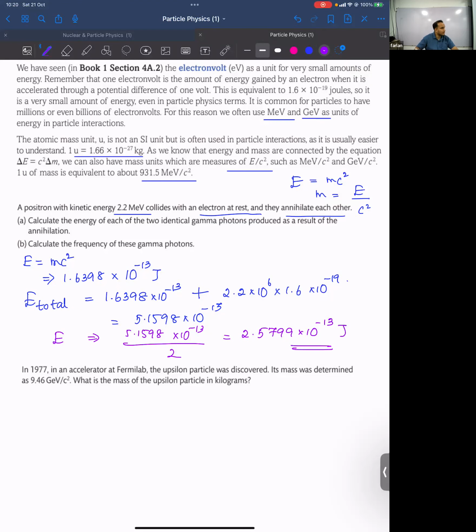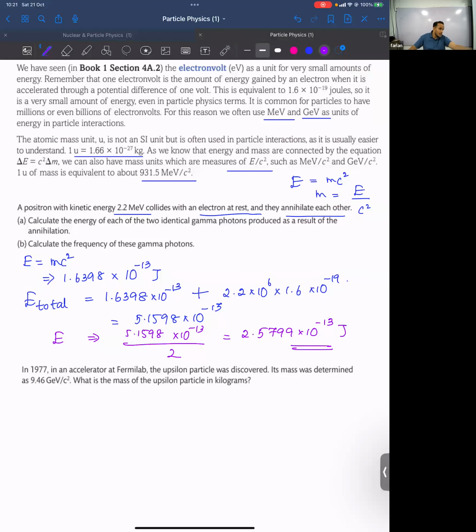Yes, what is your question? No. They are combining together, forming two gamma ray photons. So the positron's mass gets converted to energy. The electron's mass gets converted to energy.